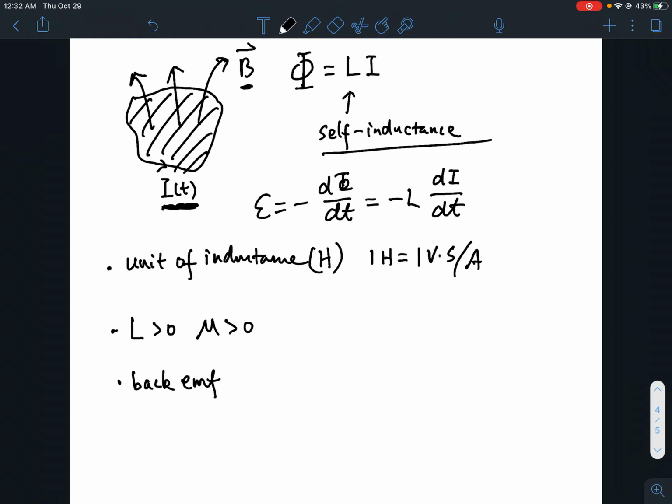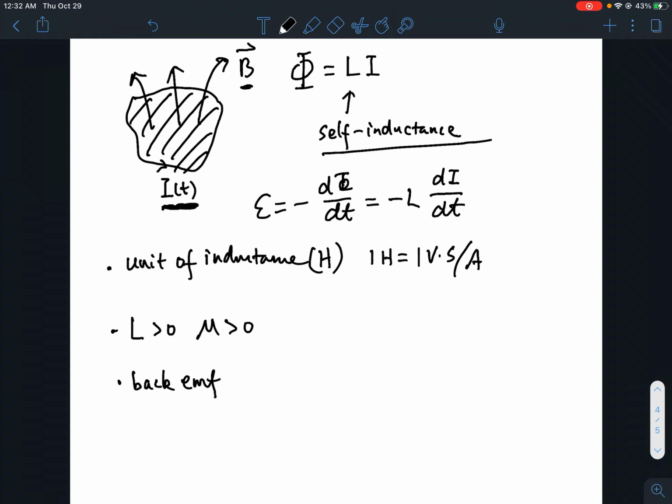Also, if you look at this picture again, it really says that whenever you try to alter the current in a wire, you must fight against this back electromotive force.